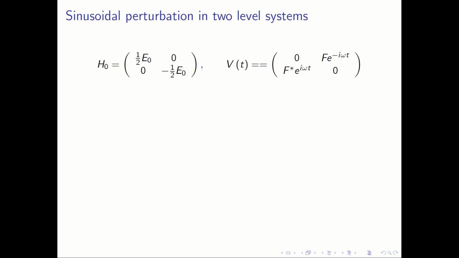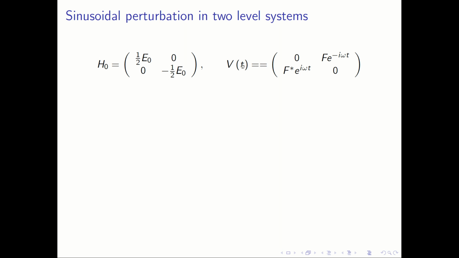That's simply shifting the energy so that the average of the two energies is what we define to be the 0. So that's my initial Hamiltonian. This obviously has two eigenkets, plus and minus, namely (1,0) and (0,1) as column vectors, with energy eigenvalues half E0 and minus half E0 respectively.